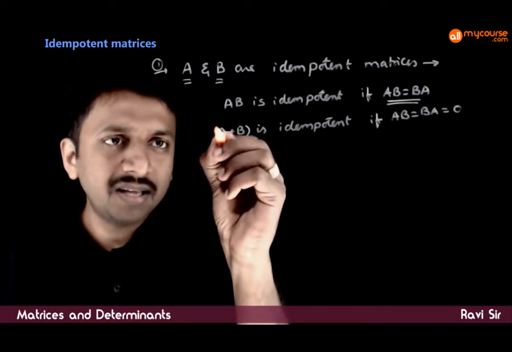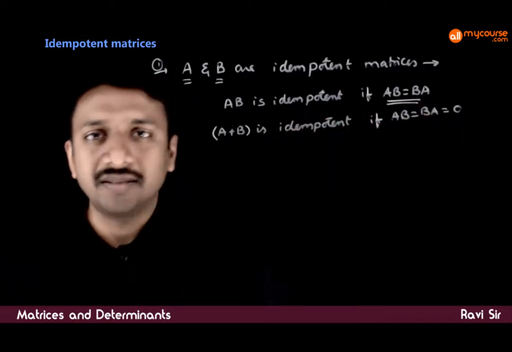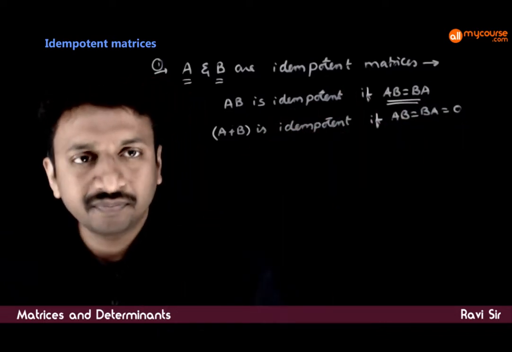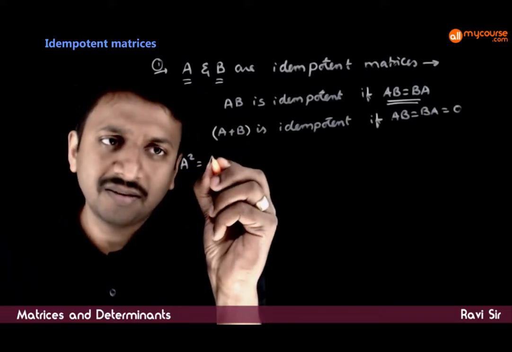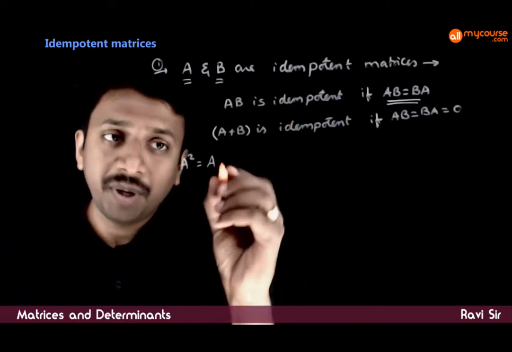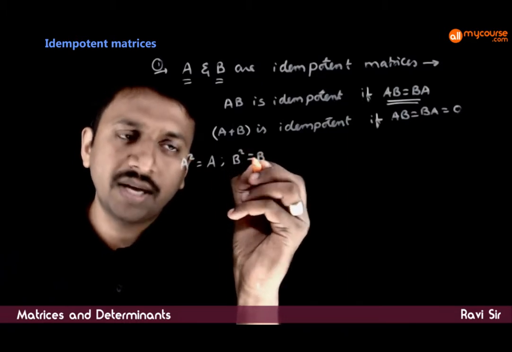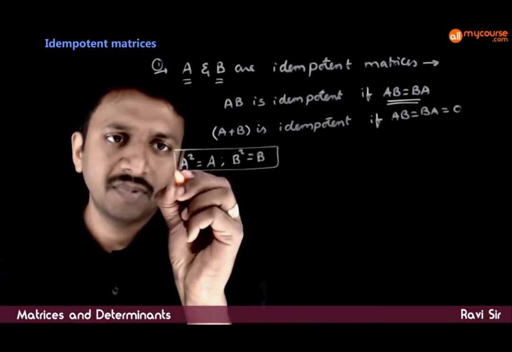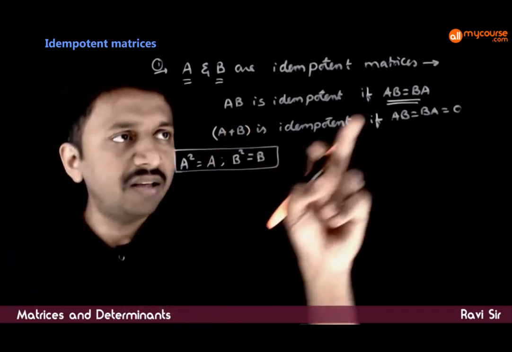A plus B is idempotent if AB is equal to BA is equal to 0. By this property, if A and B are idempotent, that is A square is equal to A and B square is equal to B, AB will also be idempotent if this happens.